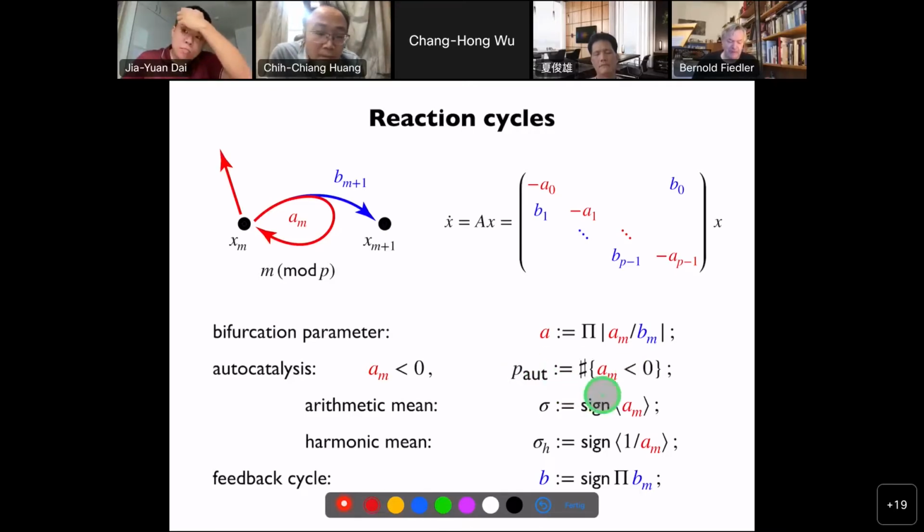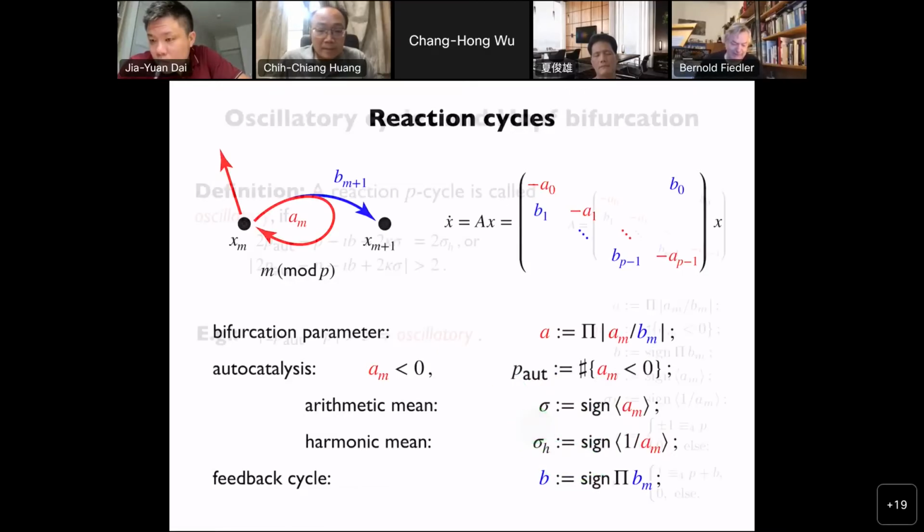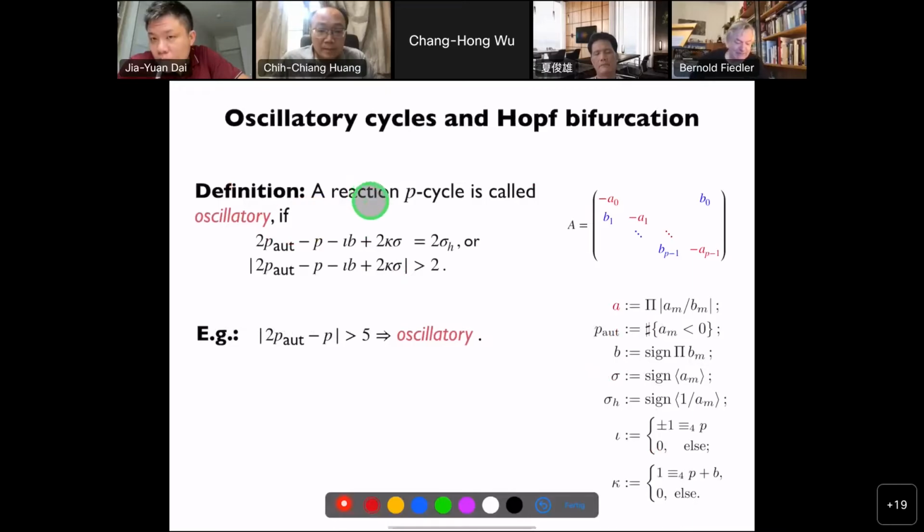And then there are certain other signs, like the arithmetic mean of the guys on the diagonal or the harmonic mean and the sign of that and so on. But these are numbers plus or minus 1, not so relevant. Let us focus on the cycles. I call a cycle of length P, like drawn here, oscillatory if a certain quantity is larger than 2. The certain quantity is the number of autocatalytic guys minus the length of the cycle.